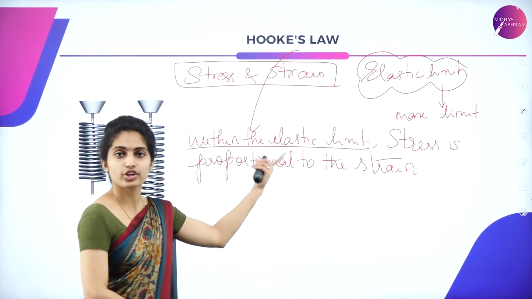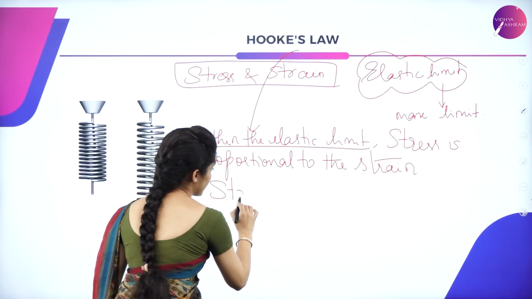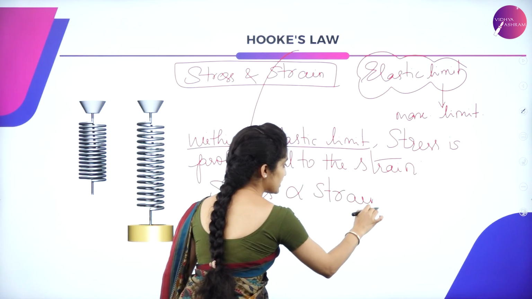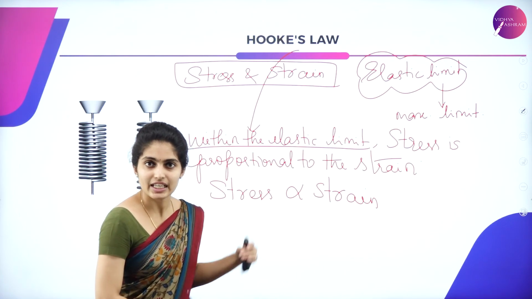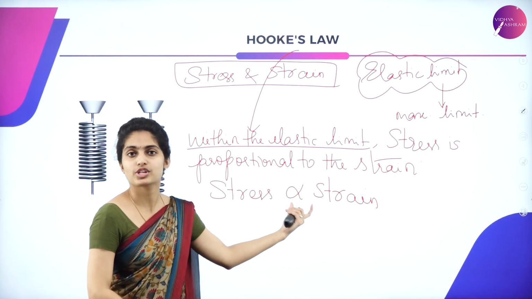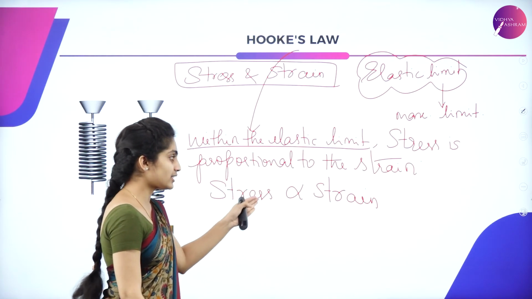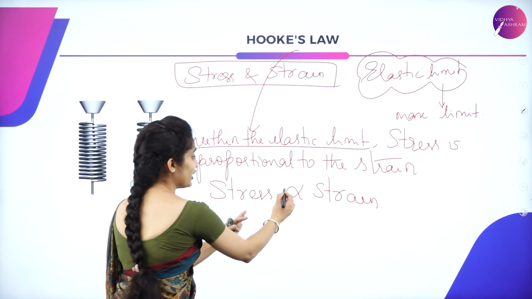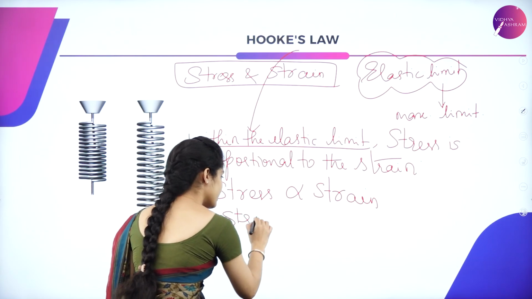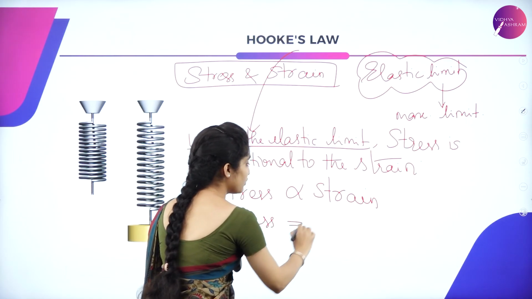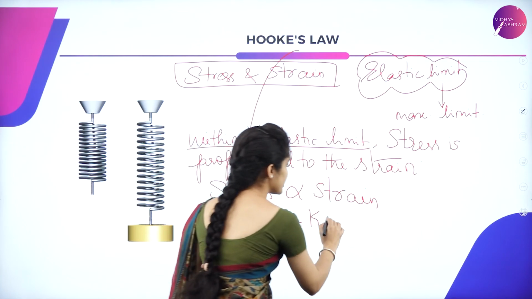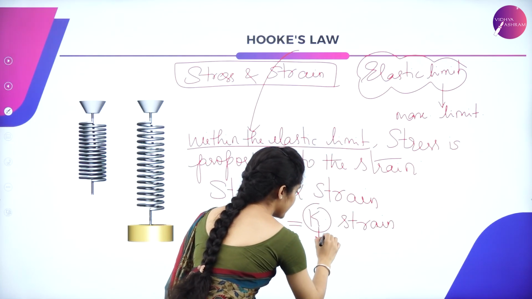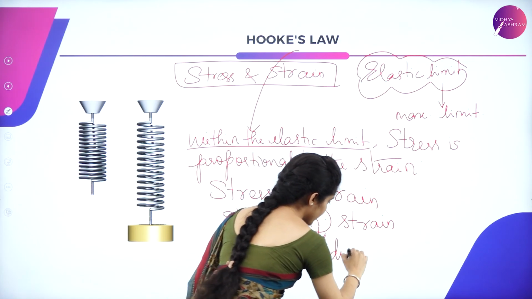So that is all about Hooke's law. You can just give it as stress is proportional to strain. If the stress is increased, even the strain increases. That is all about your proportionality term. If stress decreases, strain decreases. So when you take out your proportionality, it becomes equal to, you get a proportionality constant K multiplied with the strain, where K is said to be the modulus of elasticity.